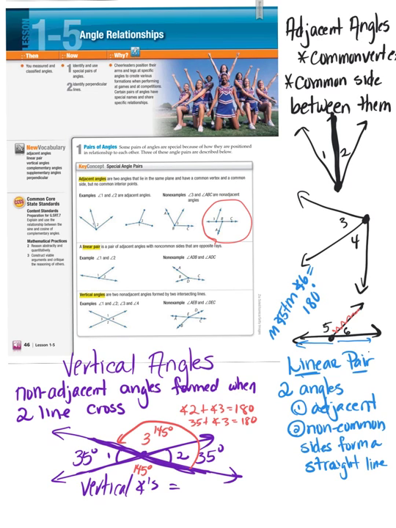Adjacent angles don't always add up to a specific sum, but our linear pairs do. And our vertical angles are non-adjacent angles formed when two lines cross. And our vertical angles are congruent to each other.